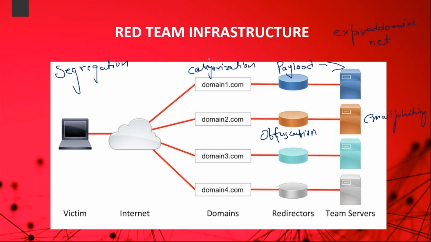Domain reputation will vary greatly depending on the products your target is using. You will first find out that information using open source intelligence, and then you will choose the domains, right? So that's how you will choose the domains.